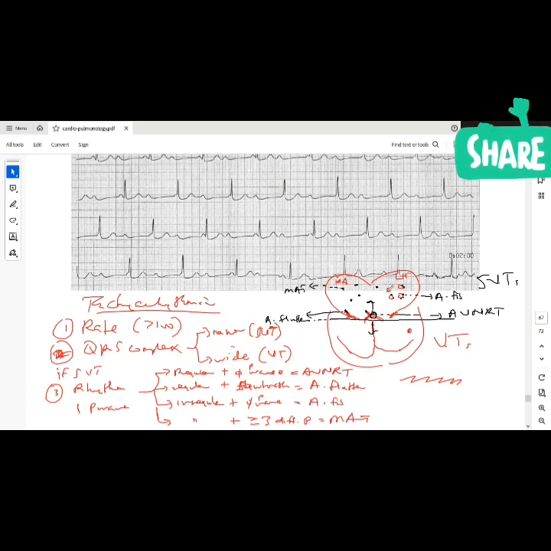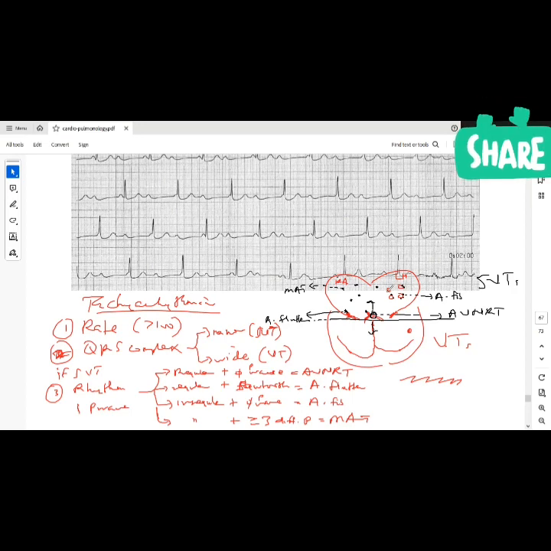No. Why not? Because VT is coming from the ventricle itself, from below the AV node, right? So blocking the AV node will have no effect on the VT. Make sense?